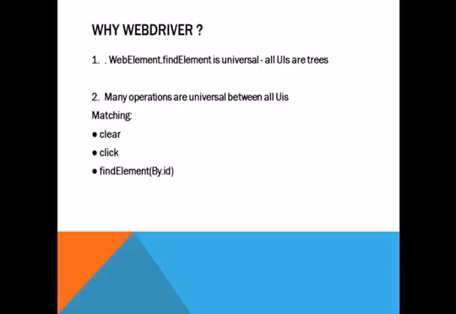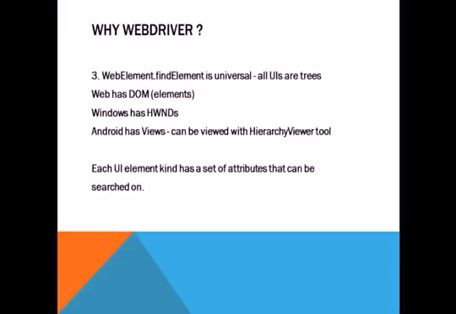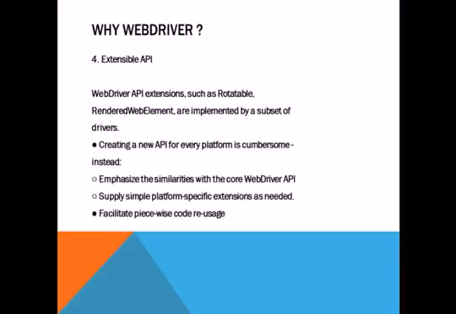Then find element by ID, by value, by XPath, whatever you can use here. And thirdly, web element dot find element is universal in all UI trees. The web has the DOM, Windows has HWNDs, Android has views. Each UI element kind has a set of attributes that can be searched on.